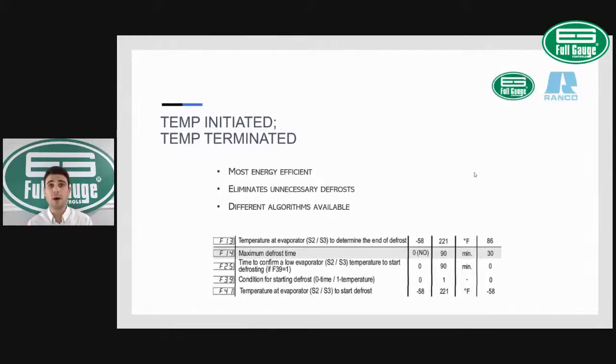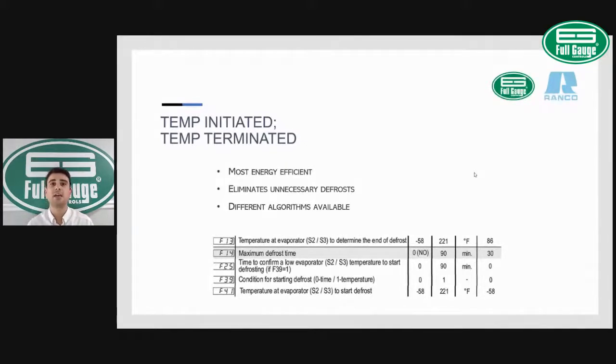So by performing the on-demand adaptive defrost, you are likely to reduce the number of the daily defrosts quite significantly, because there are a few ways to do that. One way to do that is by monitoring the coil temperature and adding some validation times to prevent false defrost calls. Another way of doing it is to monitor the temperature difference between room and the coil.